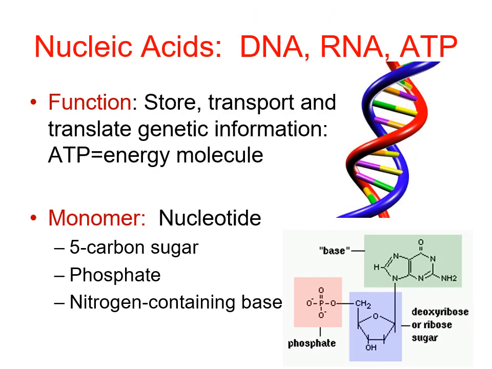So the next biomolecule is nucleic acid. So there are several types of nucleic acids in the body. The main types are DNA, which is deoxyribonucleic acid, RNA, which is ribonucleic acid, and then you have ATP or adenosine triphosphate. ATP is the energy currency of the cell.